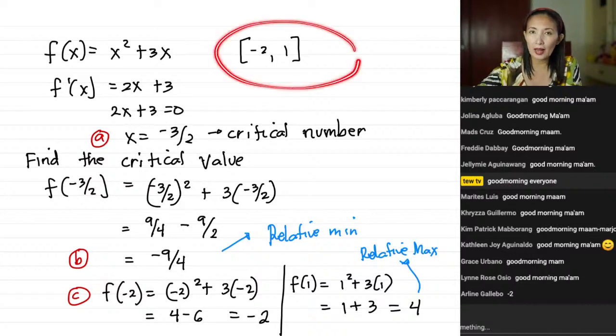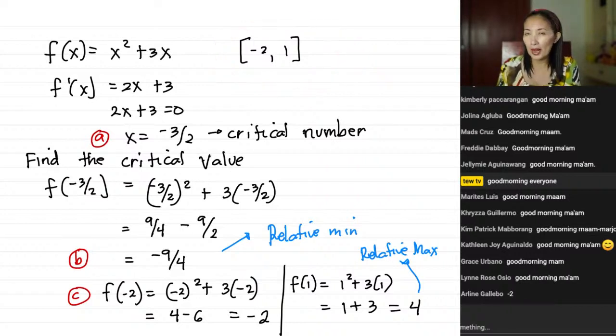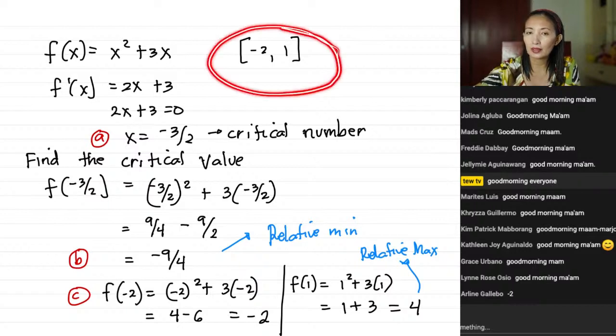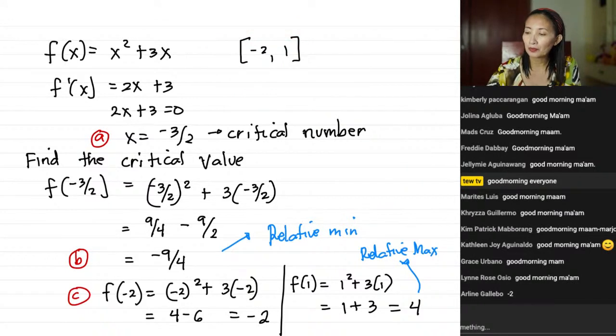So it's not an absolute min, it's not an absolute max, it's relative minimum and relative maximum. It may vary depending upon the interval given. But for this particular problem, the interval is the closed interval from negative 2 to 1 inclusive, because it is closed.